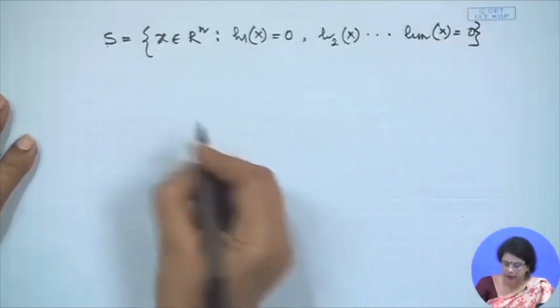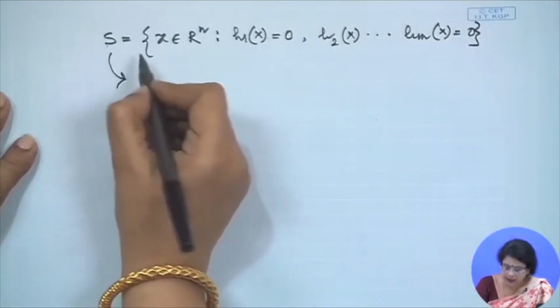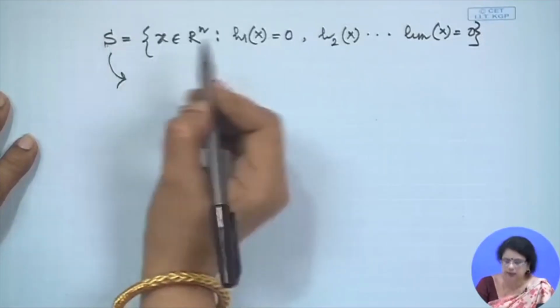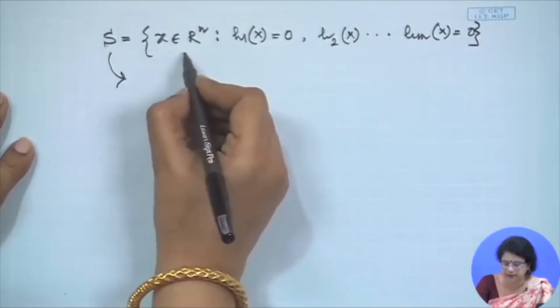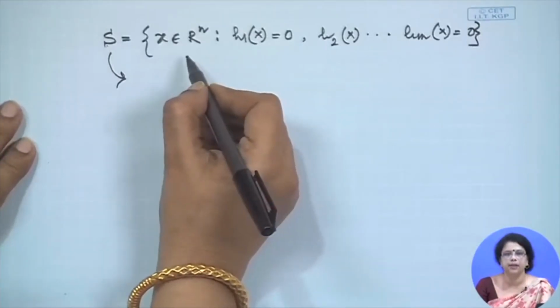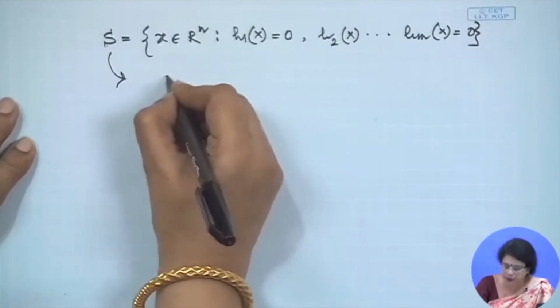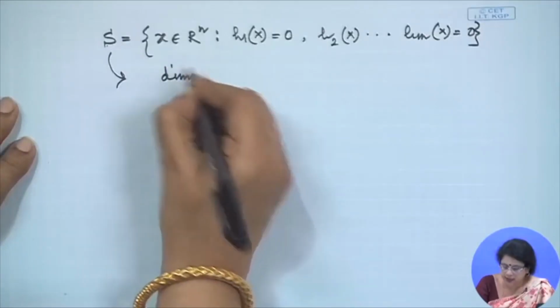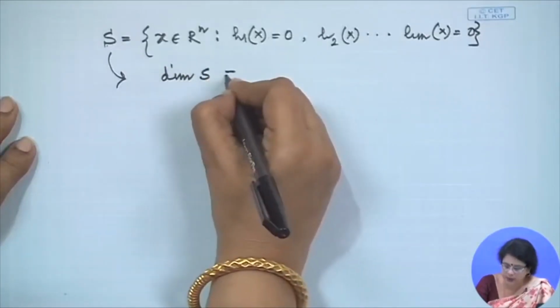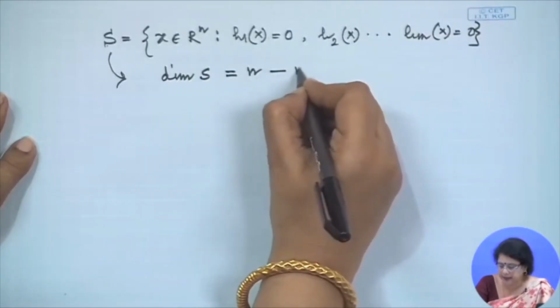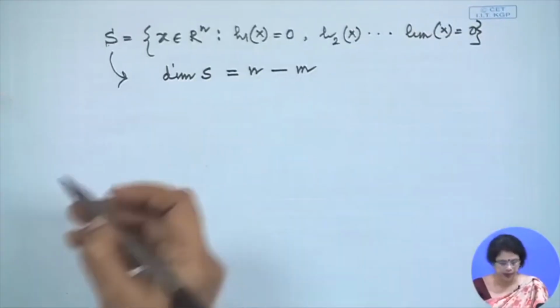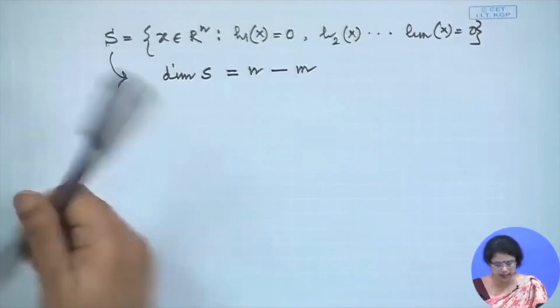If S is the space of these points, because the combination of x will form a space, we need to find that the dimension of S is equal to the number of variables minus the number of constraints. That is why we need to prove two things here.